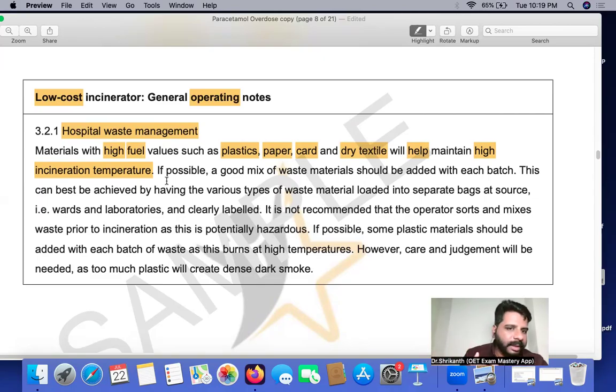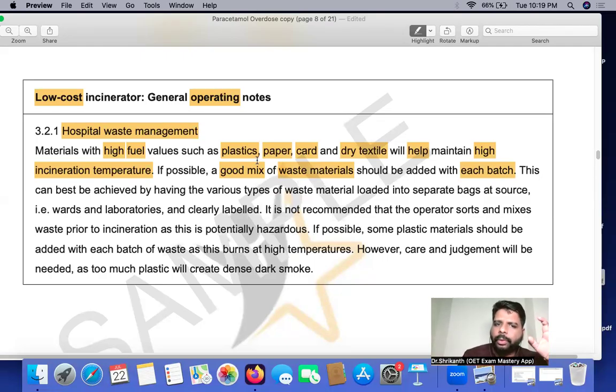So that is the first sentence. It is helping the person ensure a high incineration temperature inside it. And now they are giving a recommendation. If possible, a good mix of waste materials should be added with each batch. Whenever we add the next batch into it, use a good mix.